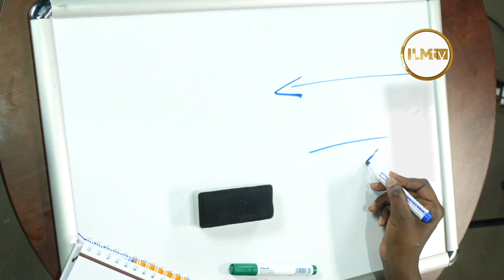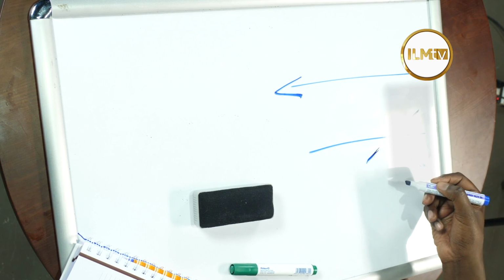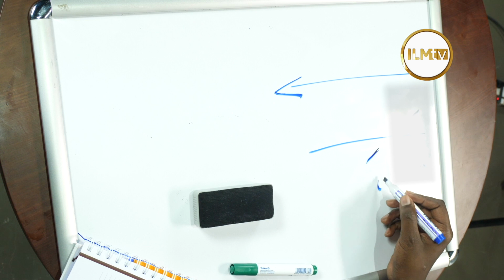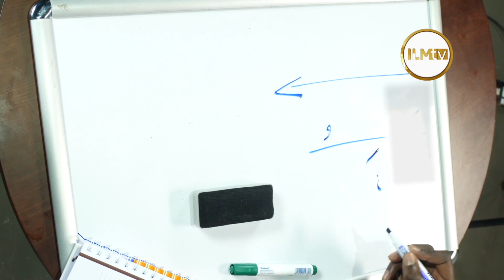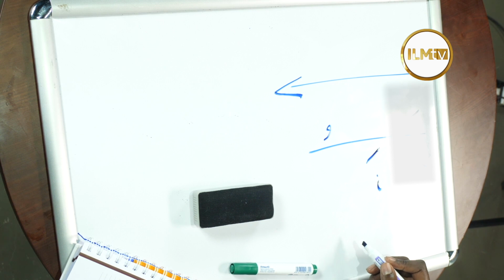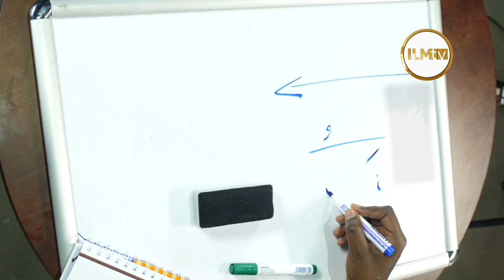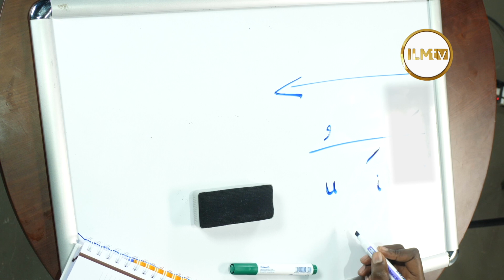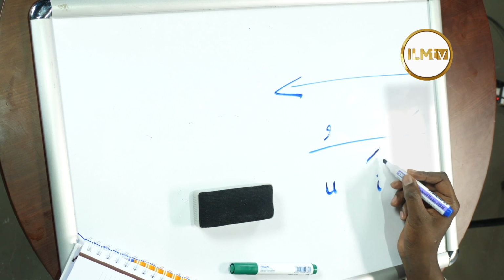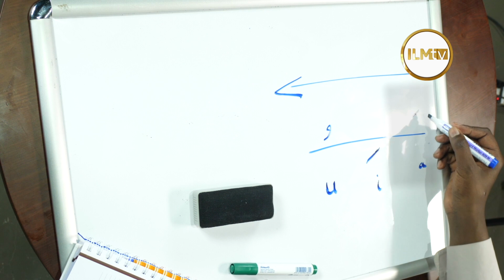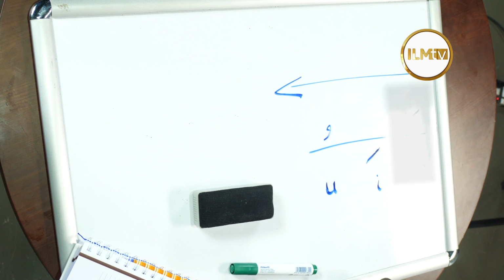Then the second vowel is written below the letter, and we have i. Then the third vowel is written on top of a letter, and we say u. So that's a, i, u. Short vowels.